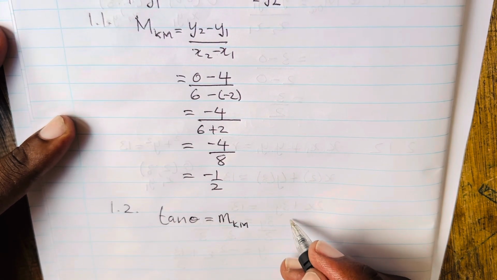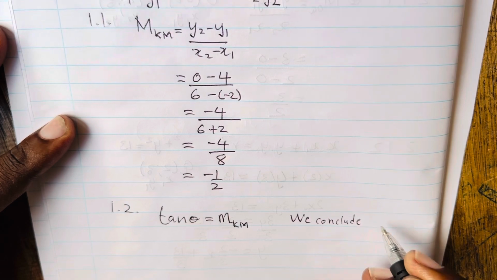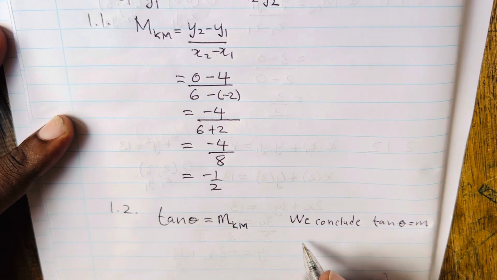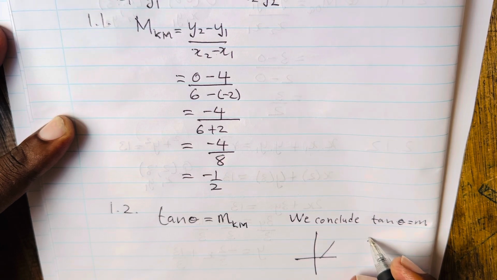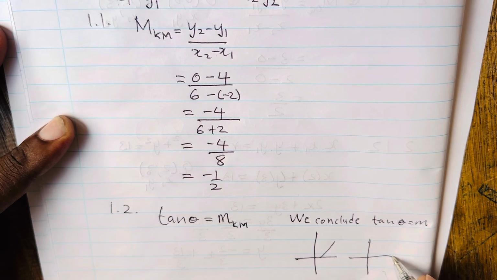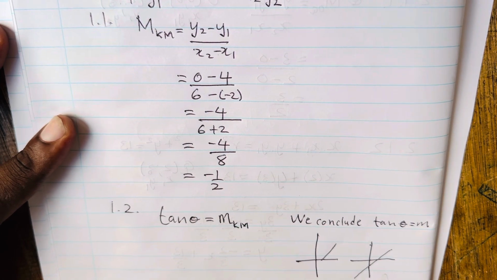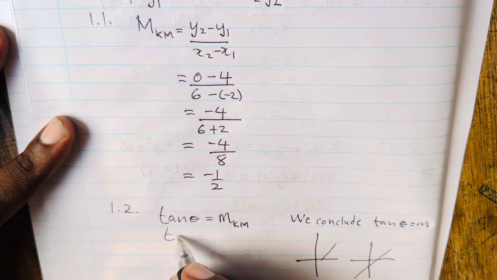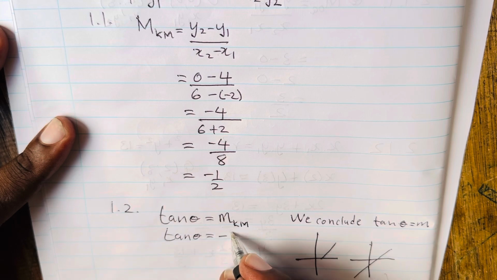Remember, we concluded that tan theta is equal to m for a line that is touching or passing the x-axis. In this case, tan theta is equal to -1/2.